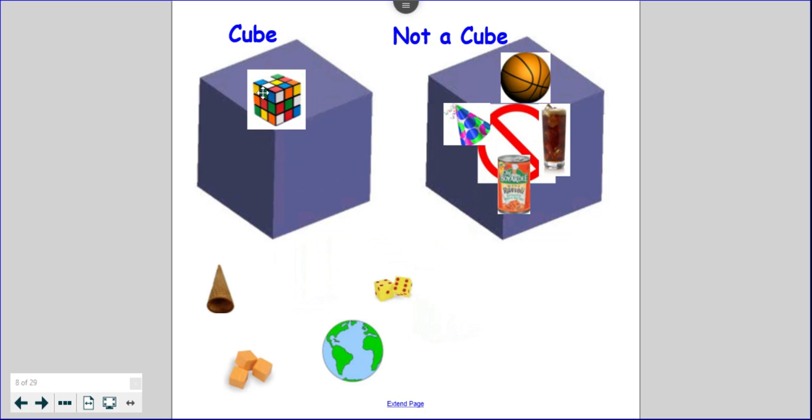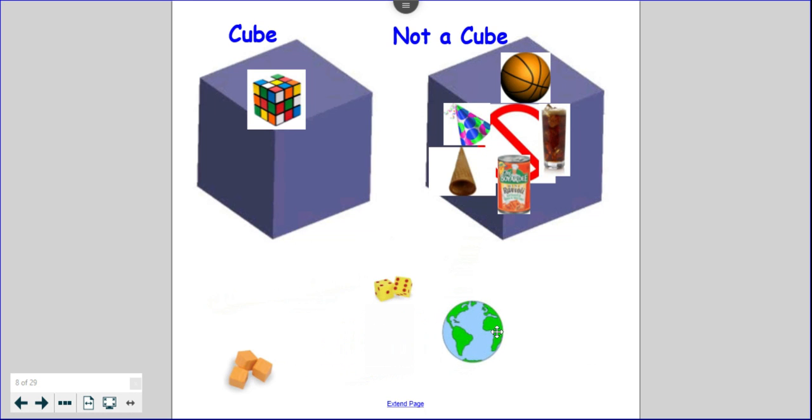I see all the sides look like the shape of a square. And I see that you can measure it from side to side, front to back, or top to bottom. There's a 3D cube. What about this ice cream cone? That looks like the party hat. I don't see any sides shaped like squares.